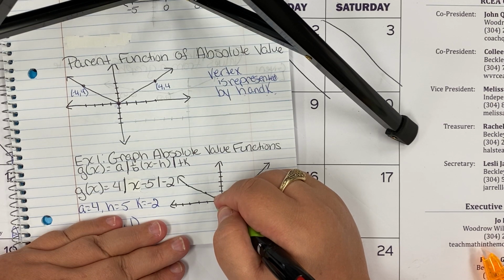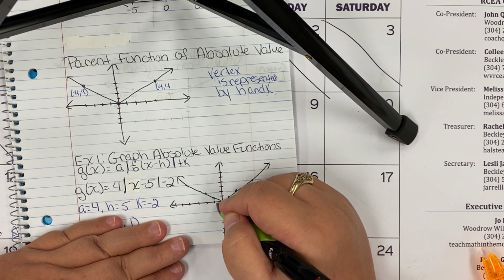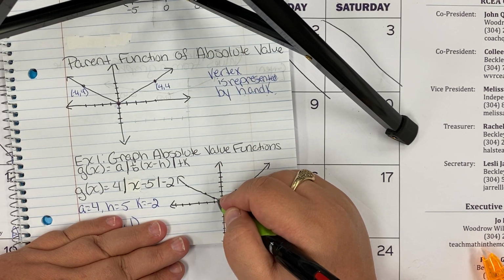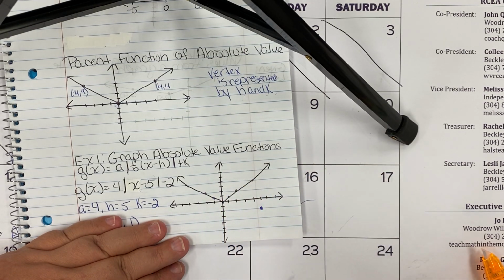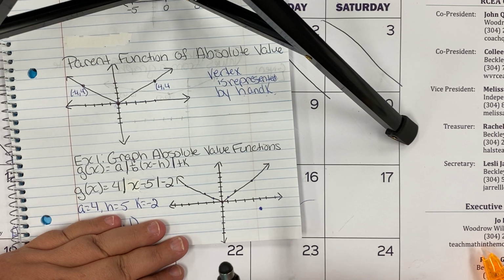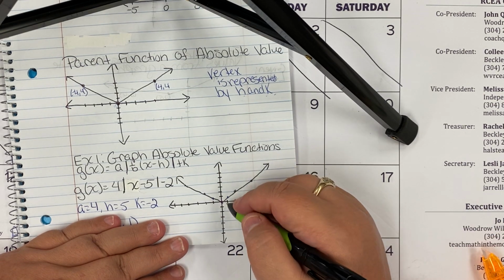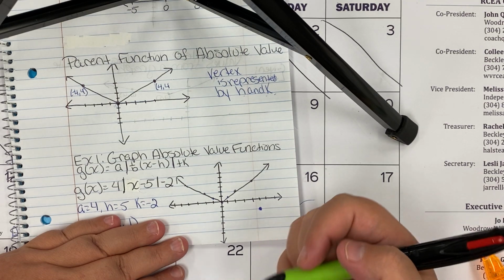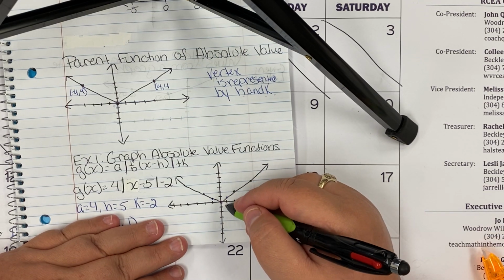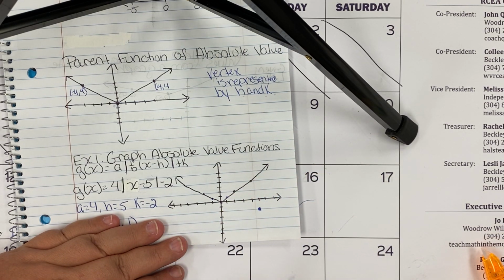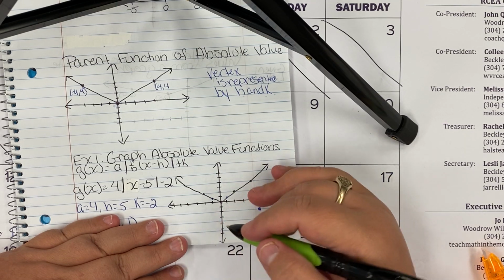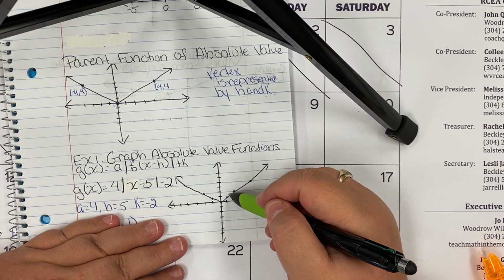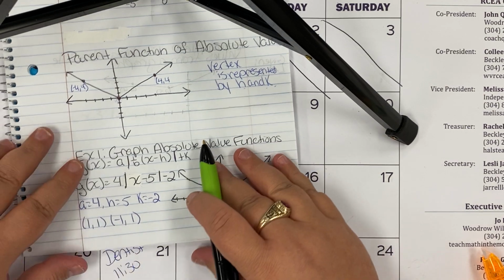Now, if you look on this parent function, we have points 1, 1 and 1, -1. And those are always going to be the points you want to deal with. You only have to deal with 2 or 3 points with these graphs, and you can kind of see what direction it's going to go. So always focus on 1, 1 and, or -1, 1, sorry. So 1, 1 and -1, 1.